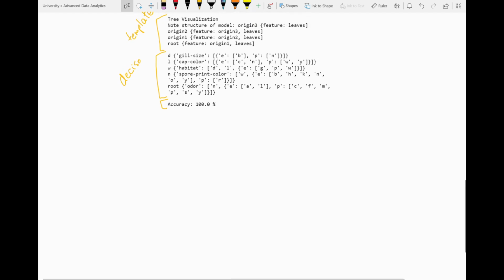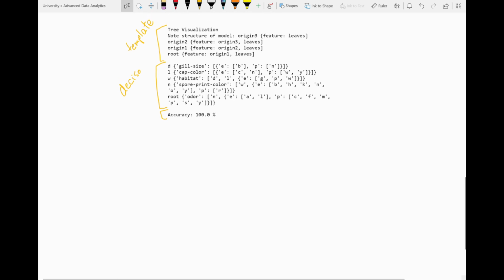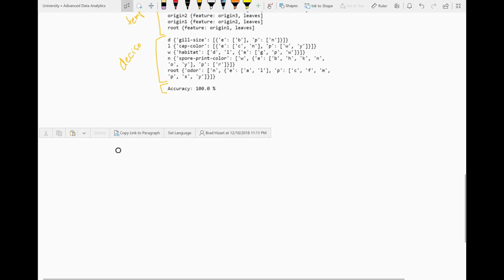The next part is to visualize a bit more what the decision tree means. We initially look at the root, and it's basically working backwards. The root is our initial point, so our most discriminatory power, and that would be odor.